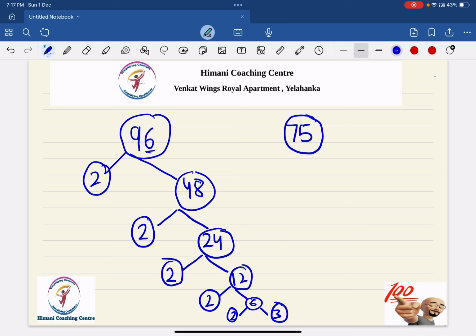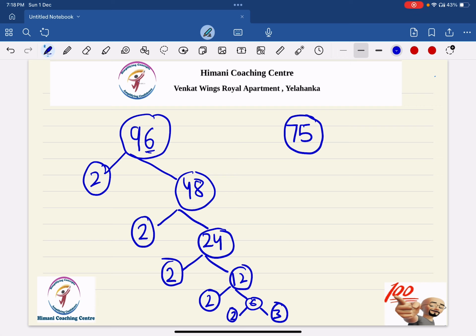Pause the video, use the division methods which have been taught to you and try solving this. Request to parents and elders who are watching the video along with the kids, please pause the video, let the kid do the sum, and I am anyways doing it. You can check if the working needs correction.